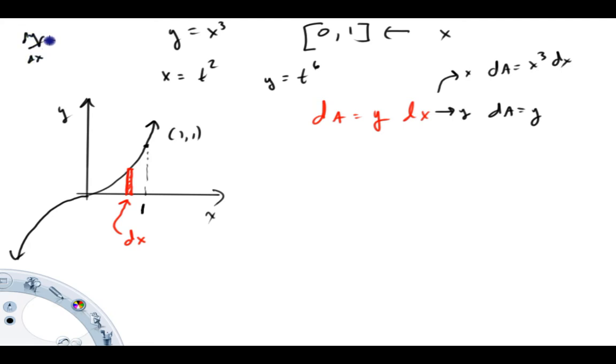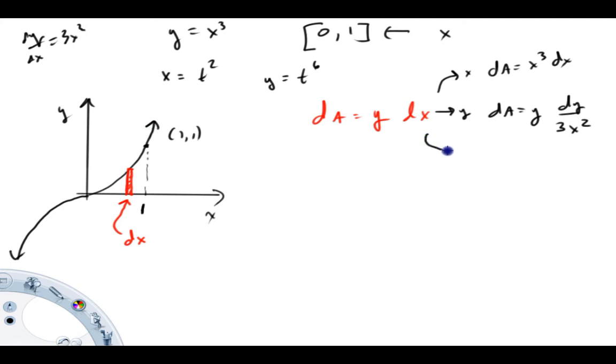If you solve that for dx, you'd get dy over 3x squared. Then you'd use the function to eliminate the x squared. Then you'd have an integral over y, and you'd integrate that 0 to 1 vertically.